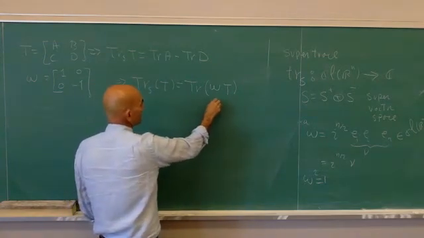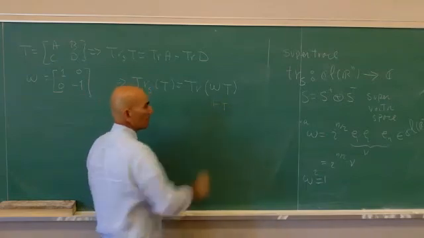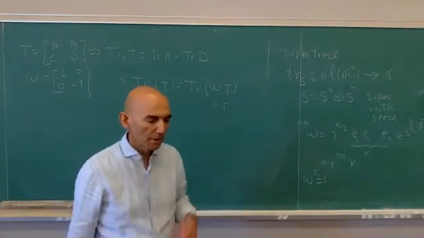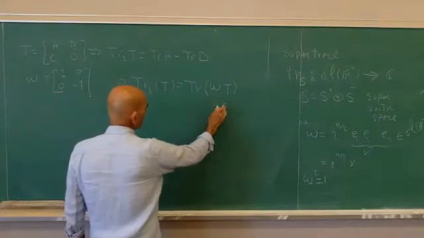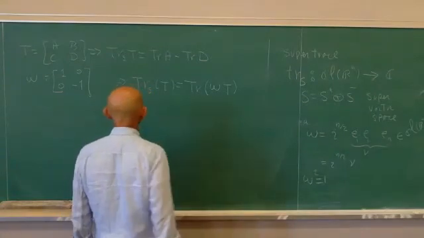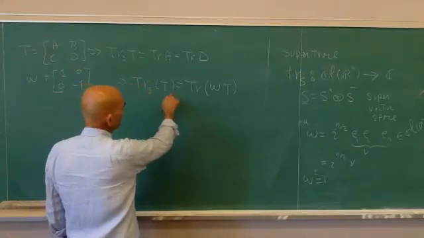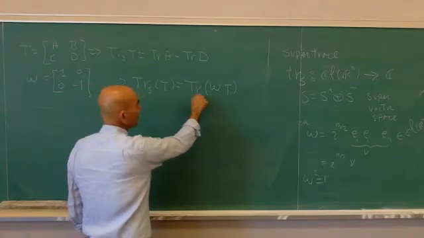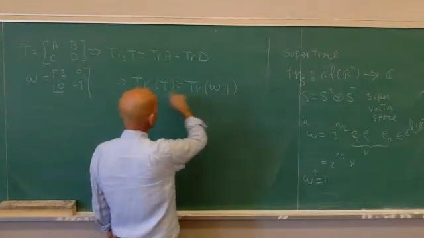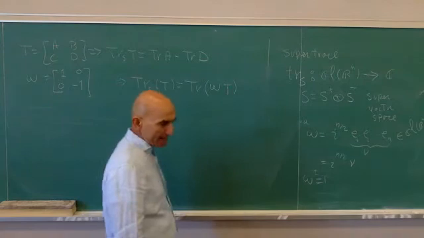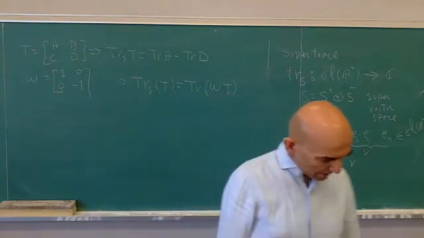Physicists write it with an F for some reason, F is for fermions, but it doesn't matter. So the supertrace of T is really the ordinary trace of omega times T. This is important. We need this background.